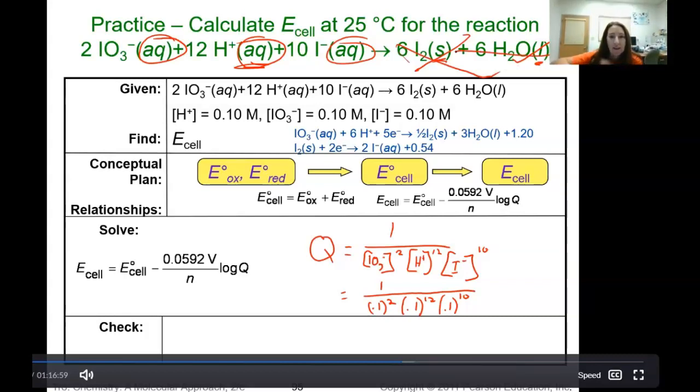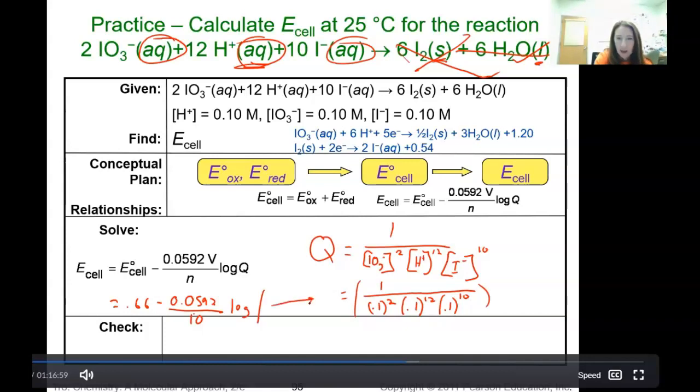Okay, so after you get your Q, you just have your E cell, which is 0.66 minus 0.0592 over N, which was 10, same N, times the log of that crazy huge number, log of that whole thing.